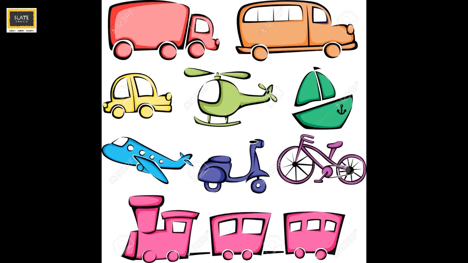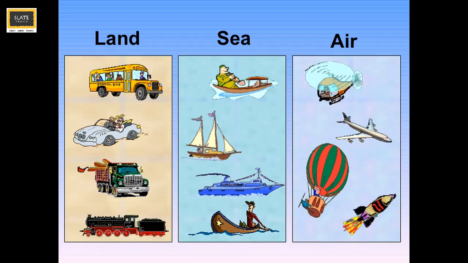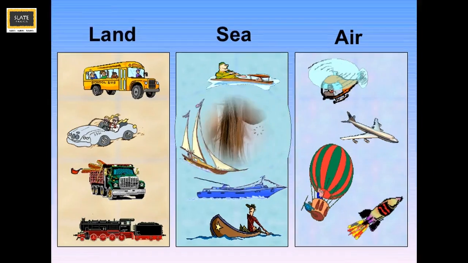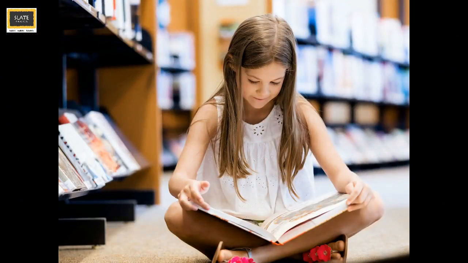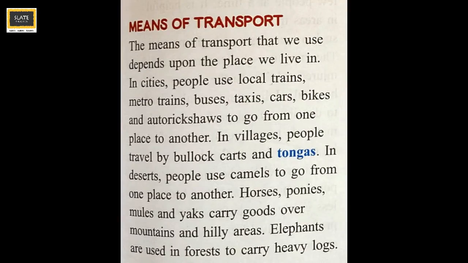Slaters, the different means of transport, are usually used based on the place where we live. It is mainly divided into land, water and air transport. Let's read about this from the textbook. Means of transport. The means of transport that we use depends upon the place we live in.